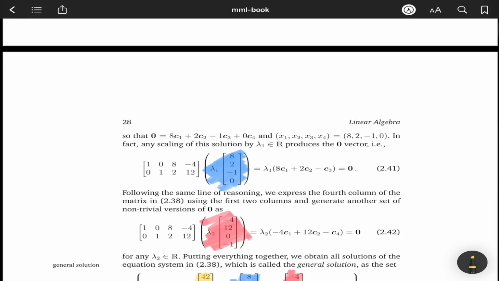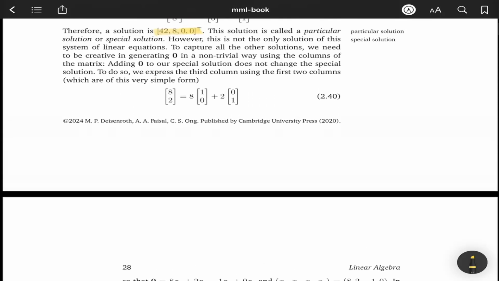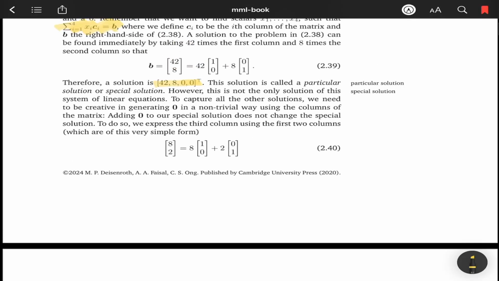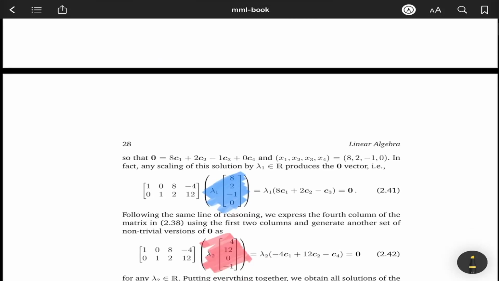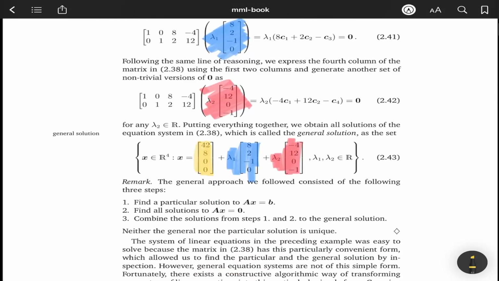Okay, so why do we have a lambda here and not there? The reason is that this equals an actual vector, where here we are equaling 0. So what do they say? They say the general solution is not one vector, but a set of different vectors. They put all the vectors in a set, and they say this set is 4-dimensional.